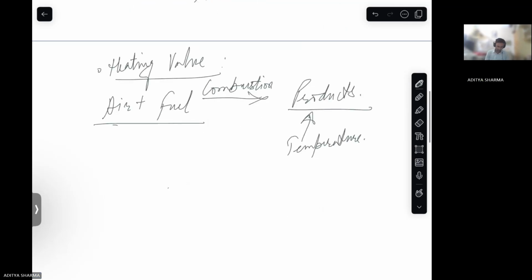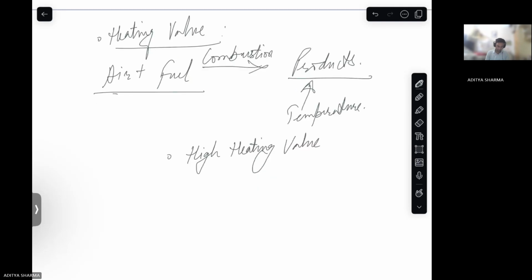Then there are two types of heating values. One is your high heating value. Then is your low heating value.